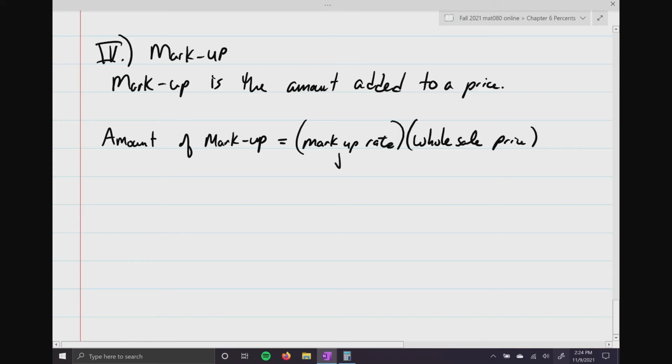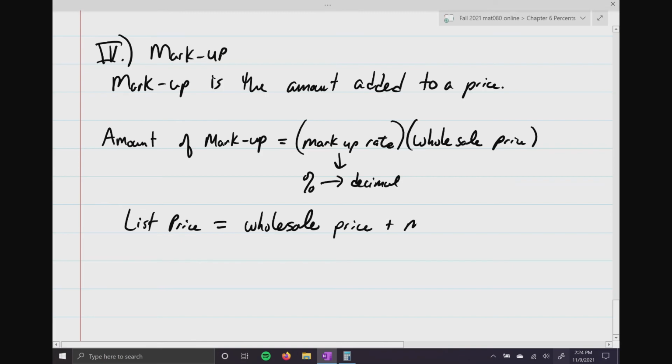Now remember, this is a percentage. You need to convert it to a decimal. And then the list price, which is what you see at the store when you walk in, is going to equal the wholesale price plus the markup. So we'll do a really simple problem here.